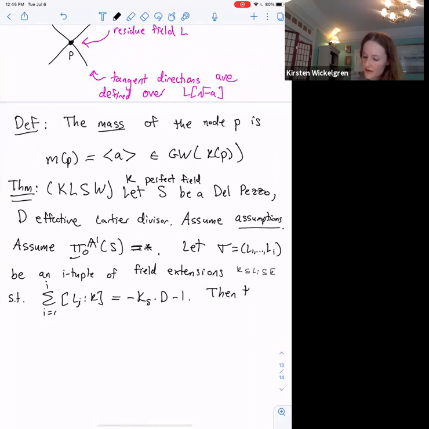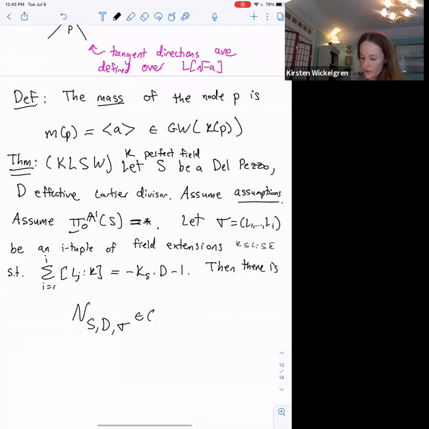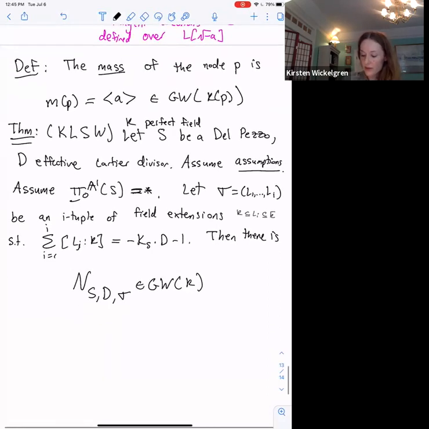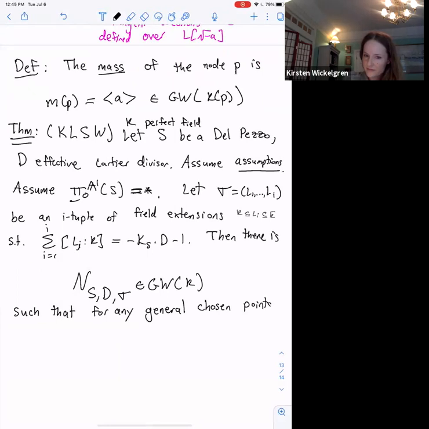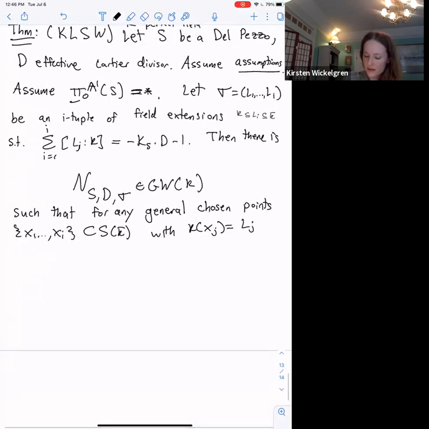So then there is a single weighted count that depends on the surface, the degree, and the fields of definition of the points you run through in the Grothendieck-Witt group of K, such that for any generally chosen points with these field extensions, so the field of definition is given by our tuple, then our weighted count has to equal n sub S sub D sub sigma.